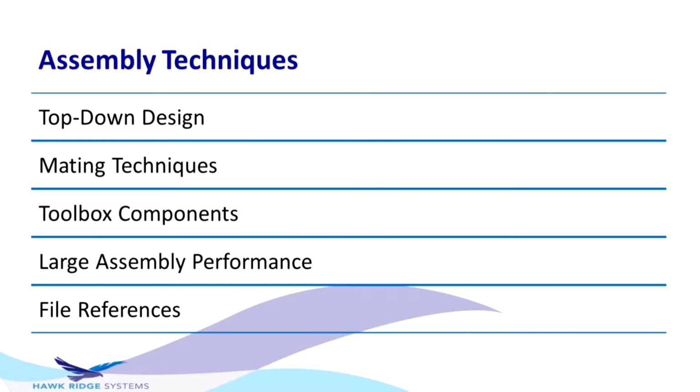And we're going to be covering top-down design, even though it's only the first part. It's a large portion of what we cover for the overall night school. We're going to talk about in-context design, managing external references, kind of how to remove them if you need to, what they are, and then also master modeling. So that's today's agenda.